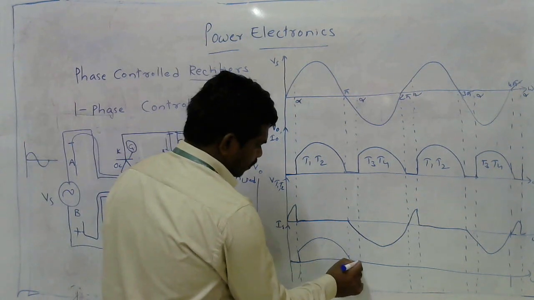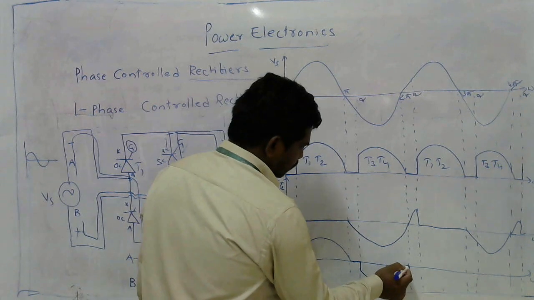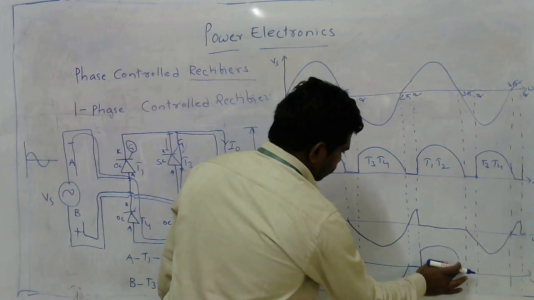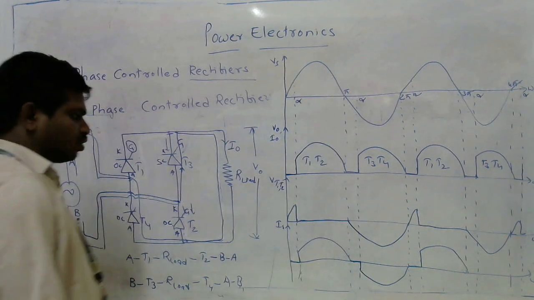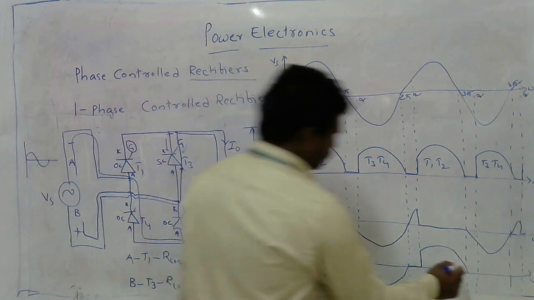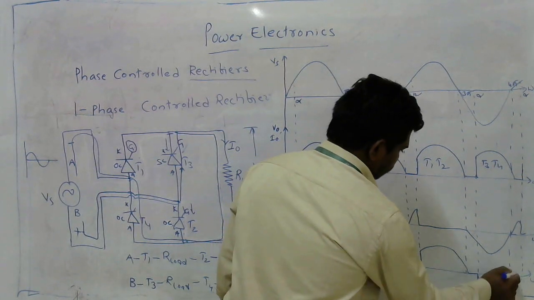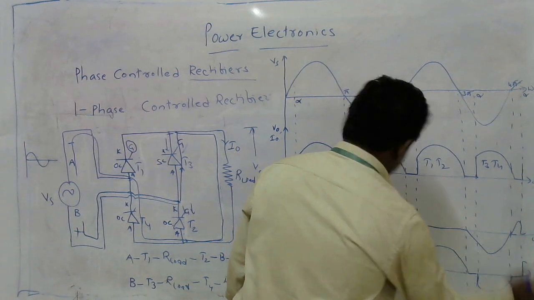Then here also there is a clipping, and we get it like this. Draw these waveforms very carefully, because this is totally based on the operation that we are getting here. Otherwise, there is no use drawing this type of waveform.